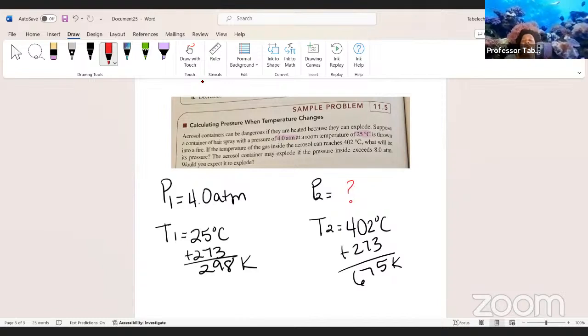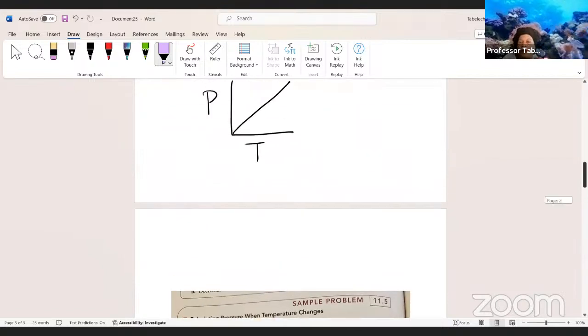Now what you're going to do for P2, because that's what they're asking about. The question says, what will its pressure become? So we have to go back and look at the formula to find P2.